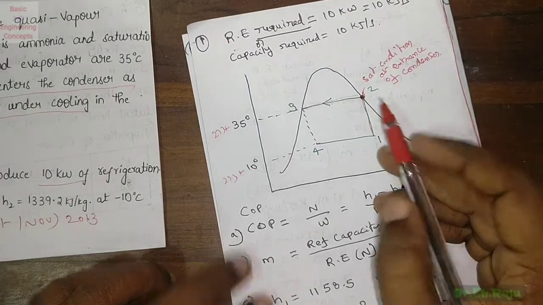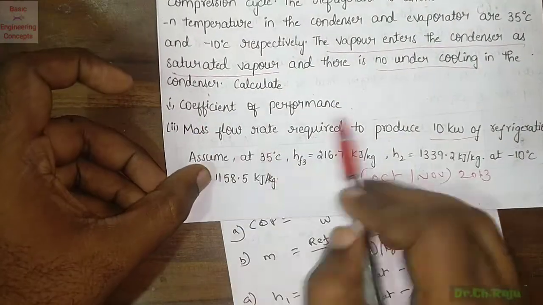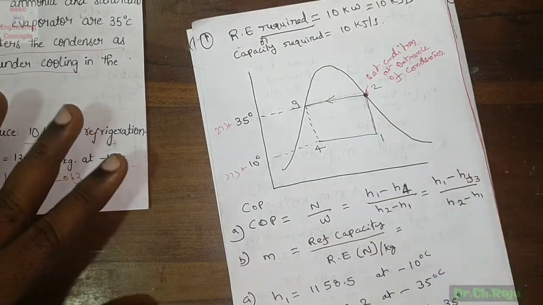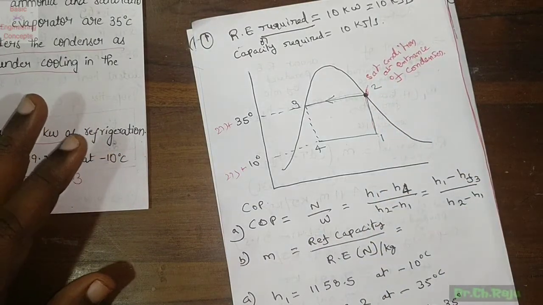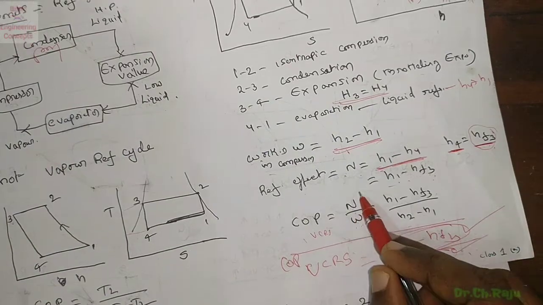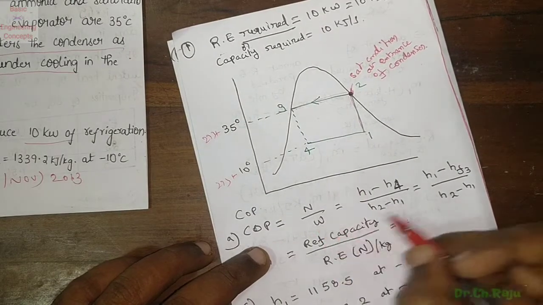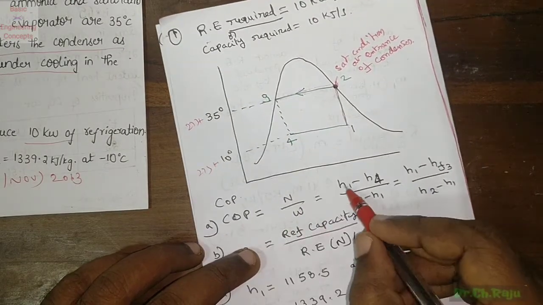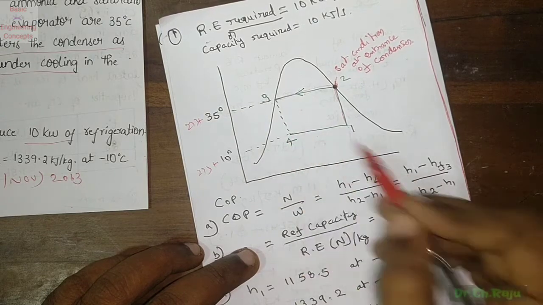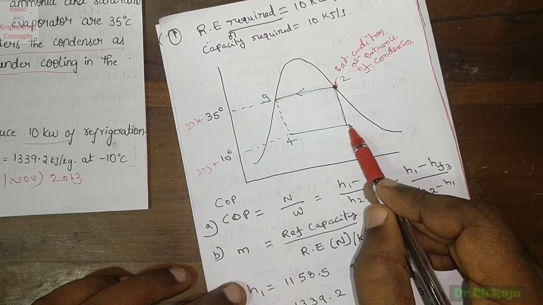So there is no subcooling, and now we calculate the coefficient of performance. As I already explained, the coefficient of performance is equal to refrigeration effect by work done. Here the refrigeration effect is the 4 to 1 process, that is the enthalpy difference H1 minus H4.